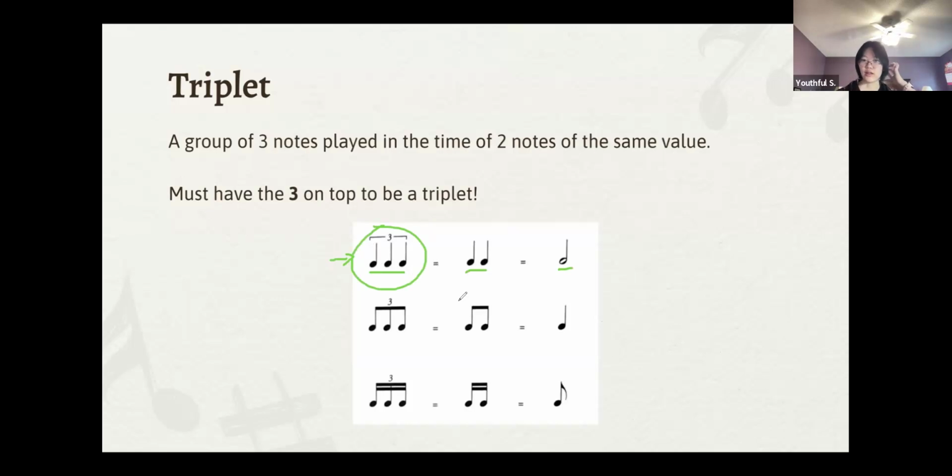And if it were an eighth note triplet, you take two eighth notes, so the value would be one quarter note, so one beat. That's basically all you want to remember, a way to find the note value, how long you actually play the triplet for. And another thing, you must have a three on top for it to be a triplet. If you didn't have this three and it was just three notes in a row, it would just be three eighth notes. So make sure you have the three on top if it's a triplet.